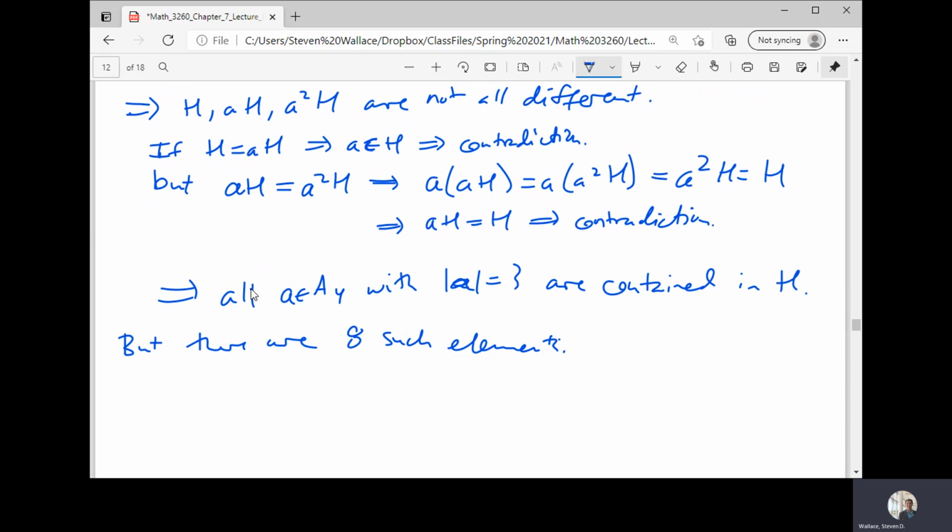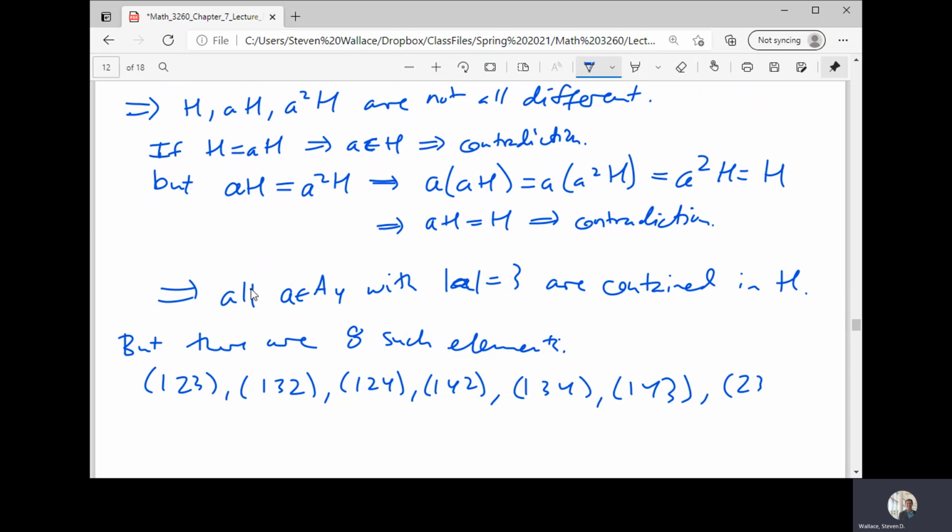Here we can write them down, right? There's (1 2 3), (1 3 2), which is the inverse of that one. Okay, (1 2 4), (1 4 2), the inverse of that. Then (1 3 4) and its inverse (1 4 3), and then (2 3 4) and its inverse (2 4 3).